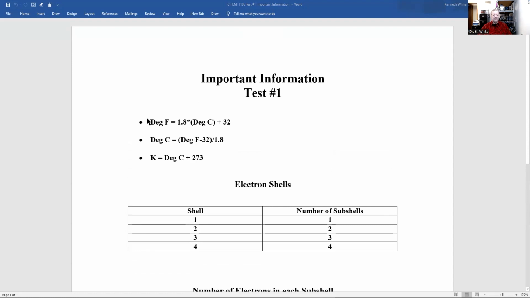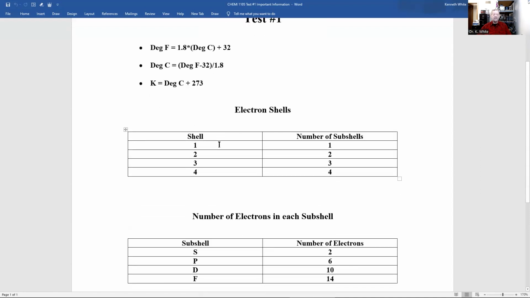I have the formulas for temperature conversion, and notice electron shell, shell 1, 1 subshell, shell 2, 2 subshells, shell 3, 3 subshells, shell 4, 4 subshells. In the past, you'd have to memorize all this.